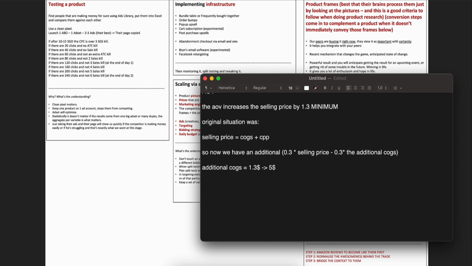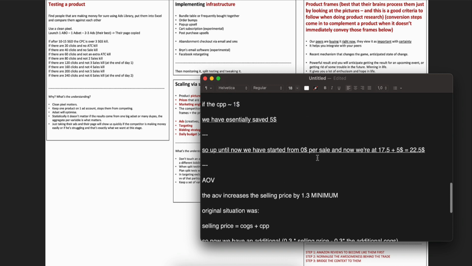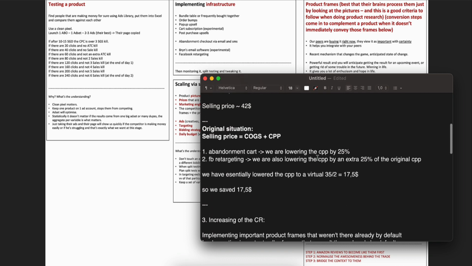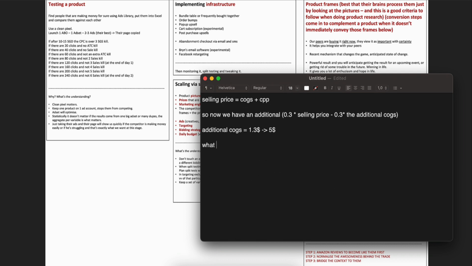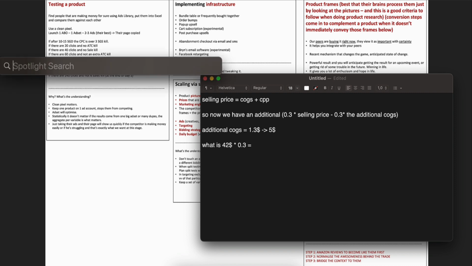Now the selling price, we have the selling price here, $42, right? So what is $42 multiplied by 0.3?